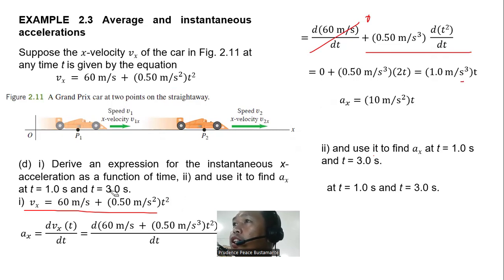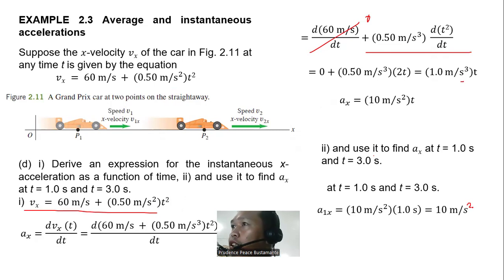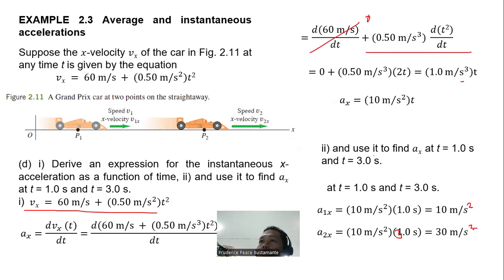At t equal to 1.0 seconds, you put 1.0 seconds here, so you have 1.0 meters per second squared. And your a2x is 1.0 meters per second cubed times 3.0 seconds. So we have 3.0 meters per second squared.